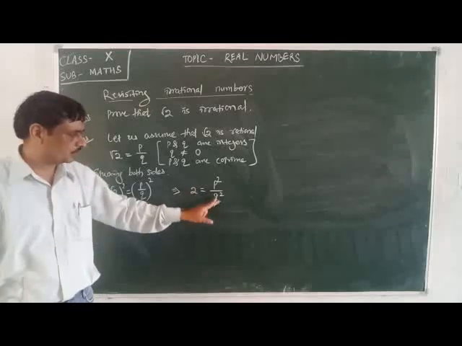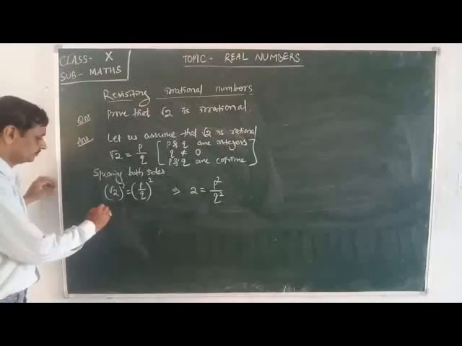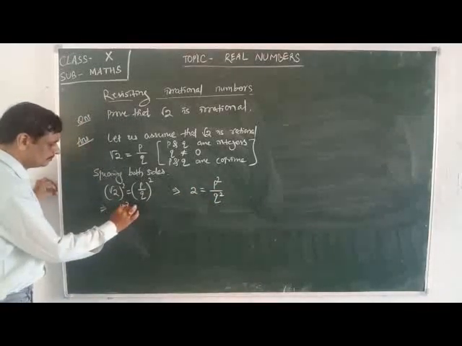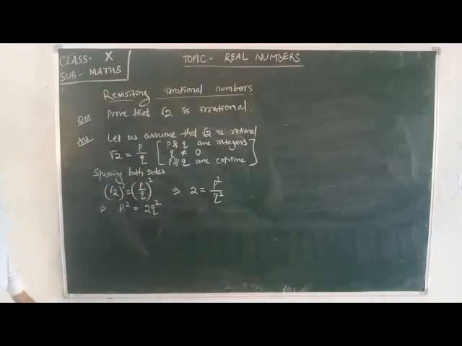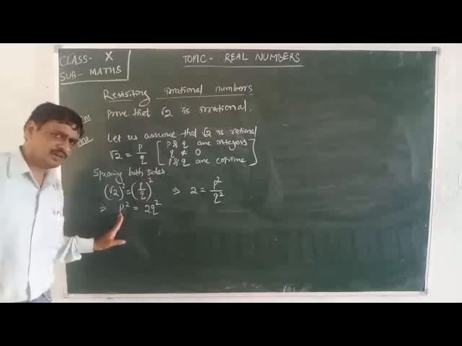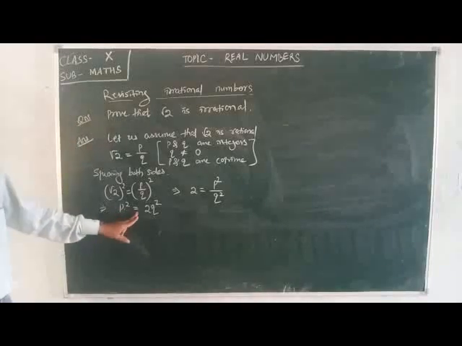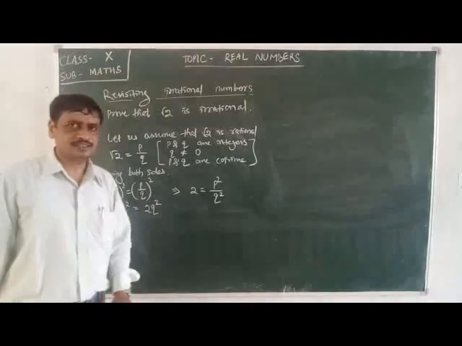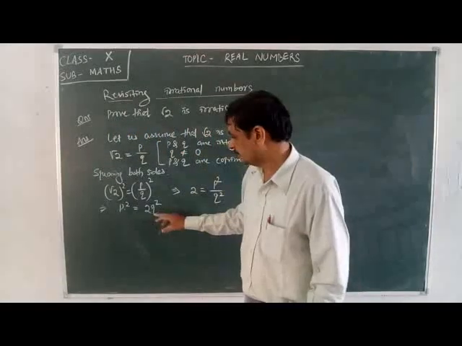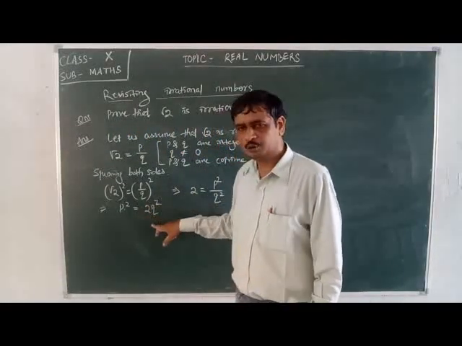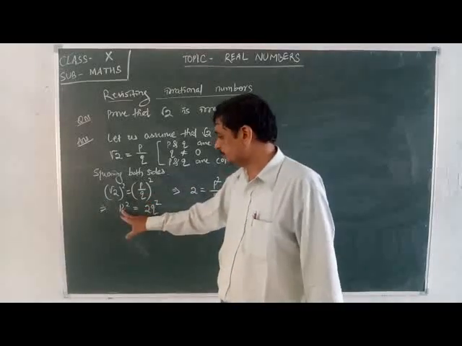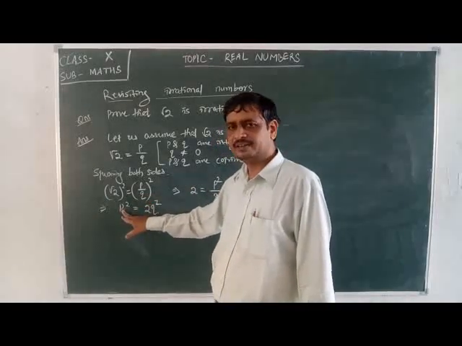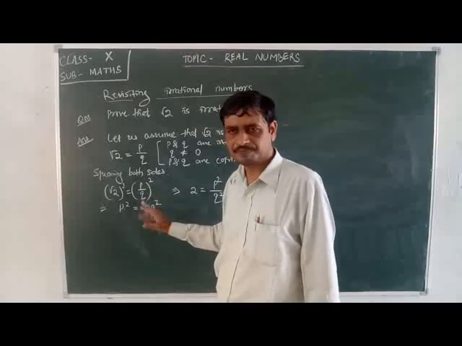Then 2q square becomes equal to p square. This implies p square is equal to 2q square. Since p square is equal to 2 into q square, the value of p square is a multiple of 2. Since it is a multiple of 2, this p square will be divisible by 2.